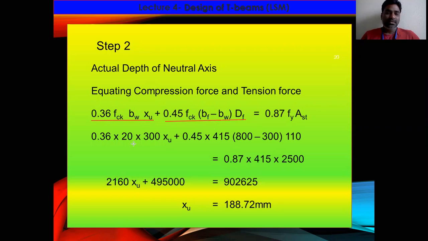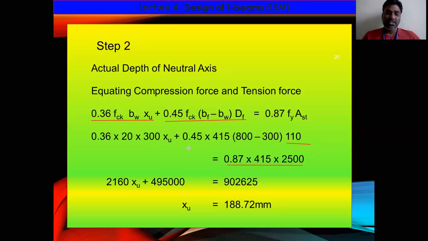And here, if you substitute the values, that is 0.36 into 20 into 300 into xu plus 0.45 into 20 into (800 minus 300) into 110 is equal to 0.87 into 415 into 2500.